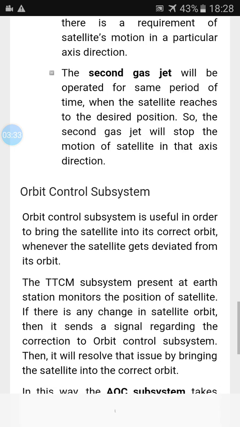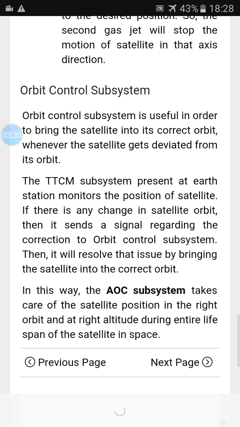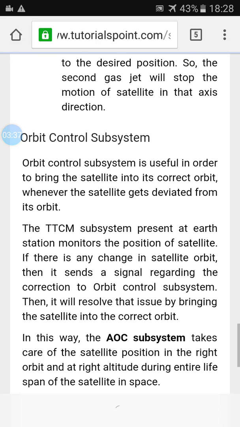Now, next is the orbit control subsystem. The orbit control subsystem is useful in order to bring the satellite into the correct orbit.